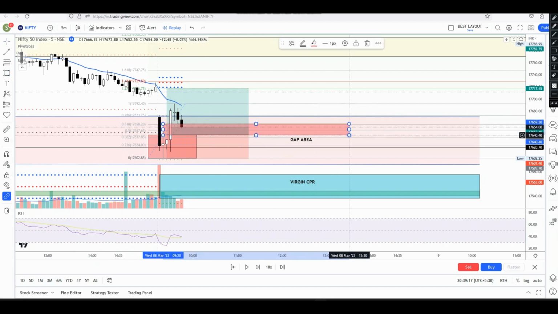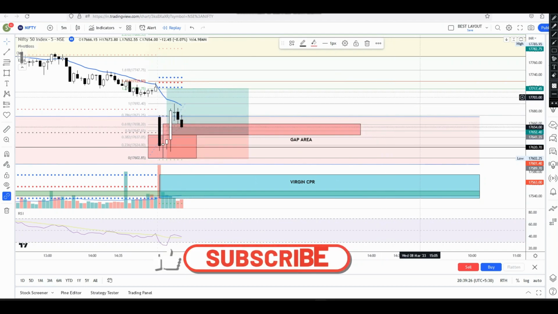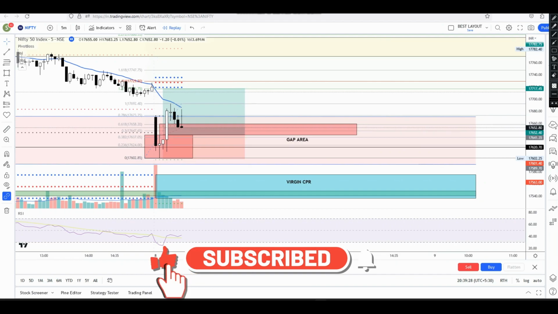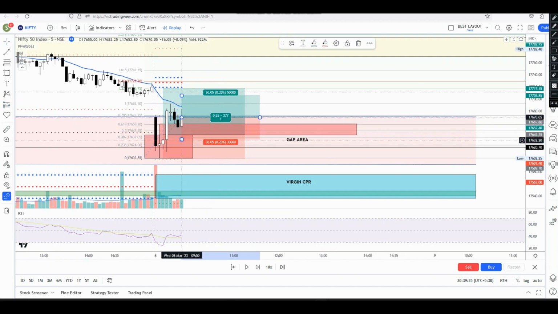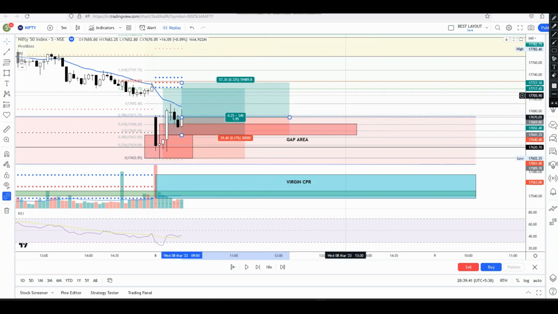Between this area, if you see any bullish candle, that is a sign of pullback, and anyone who has missed out on the entry can take an entry here. For example, you can see a bullish candle here. So one can take a long entry here with a stop loss, and the target being the CPR. So this could be our second opportunity in taking an entry.